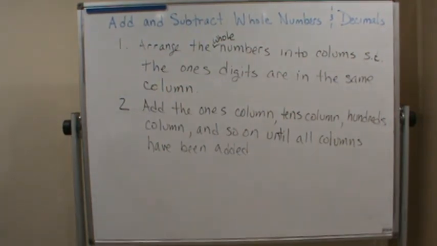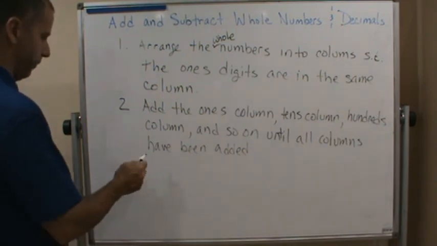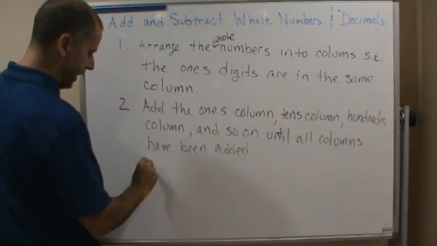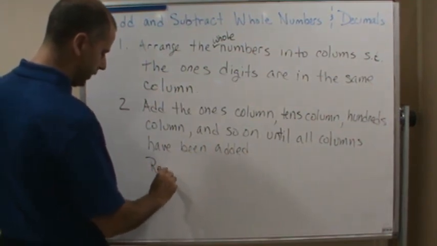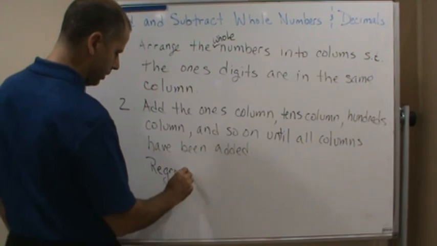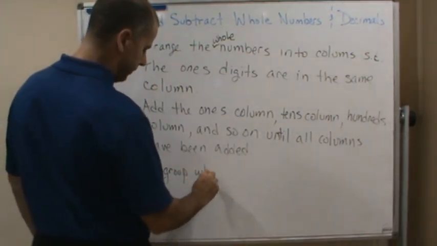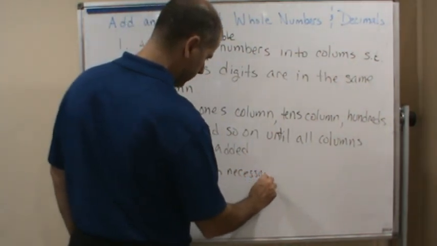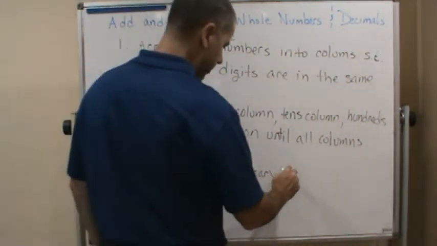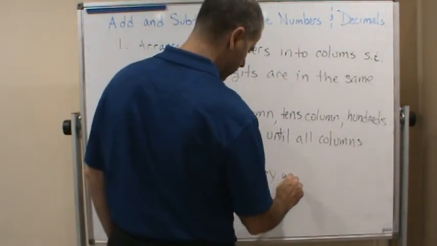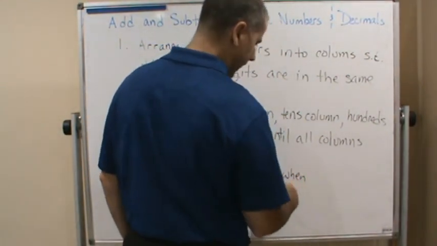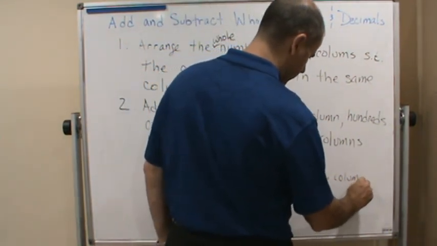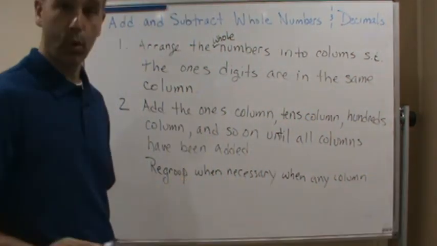A couple of things to keep in mind for step two. Sometimes we're going to have to regroup when necessary. This means when any column adds to more than 9.